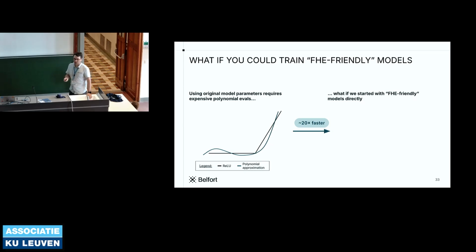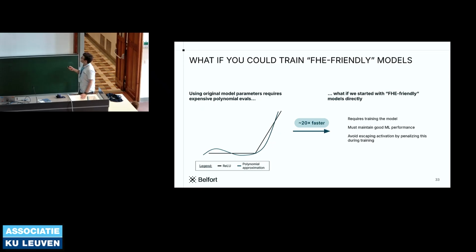But another approach that you could take is you could say, I'm not going to use ReLU, I'm going to use some other activation function that I like better. Let's say a quadratic function, right? That's much nicer to evaluate in FHE.